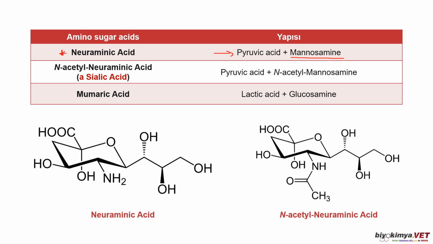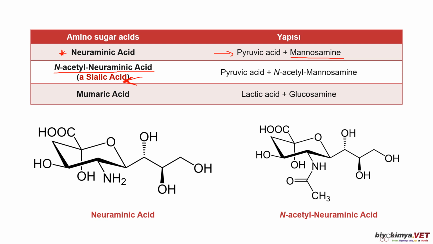N or O substituted derivatives of neuraminic acid are collectively known as sialic acids, the predominant form in mammalian cells being N-acetyl neuraminic acid. Sialic acids are a class of alpha keto acid sugars with a 9-carbon backbone.